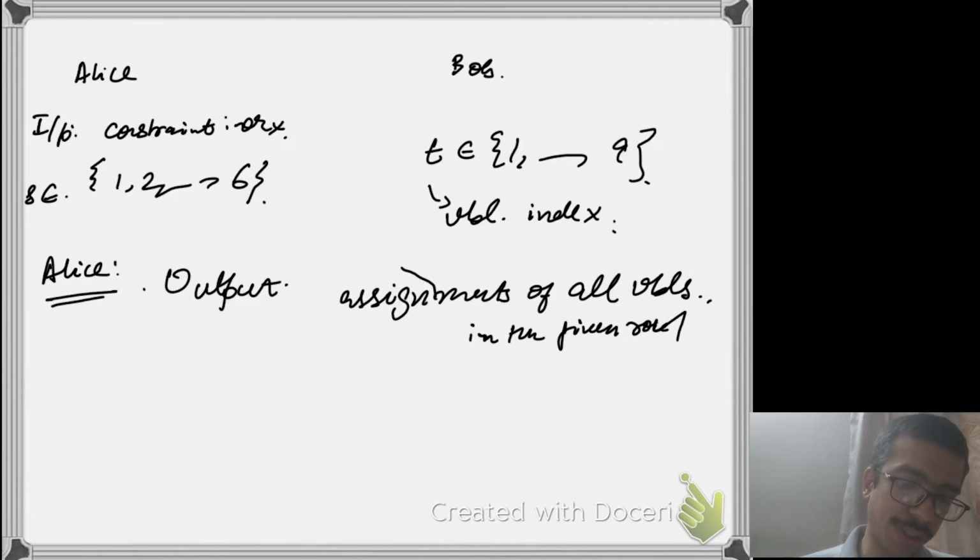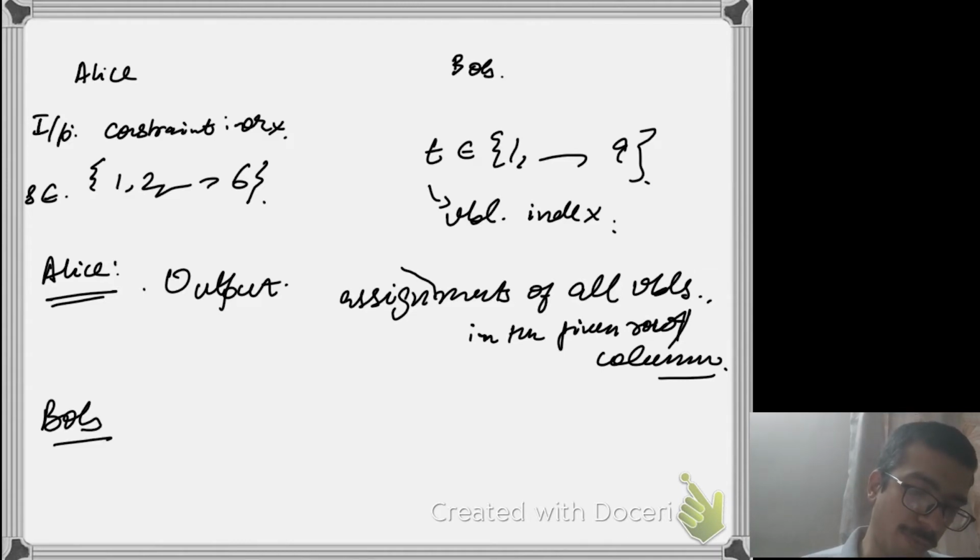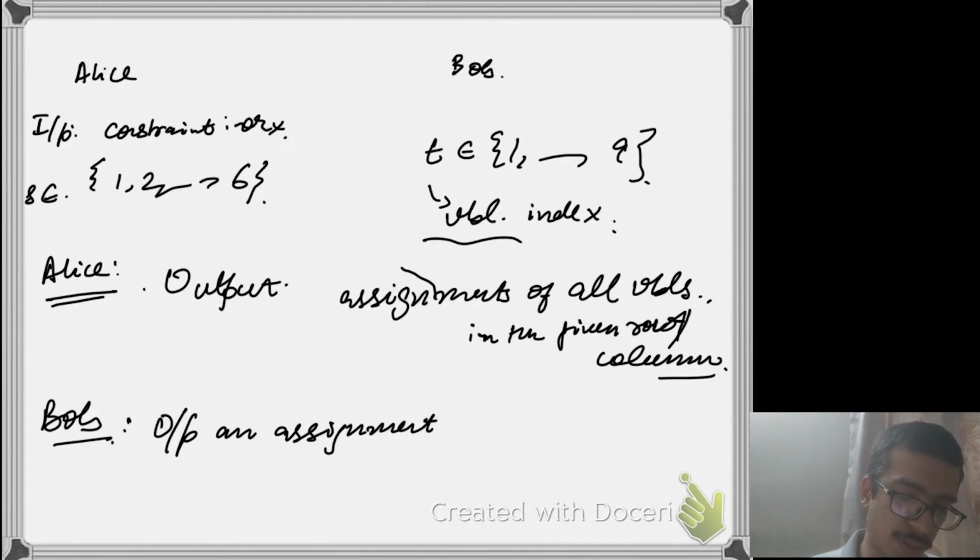These assignments have to be 0, 1 assignments. So based on the constraint index which Alice is provided, it needs to assign the variables in the corresponding row or column. And Bob, who is assigned a variable index, needs to output an assignment for the given variable.